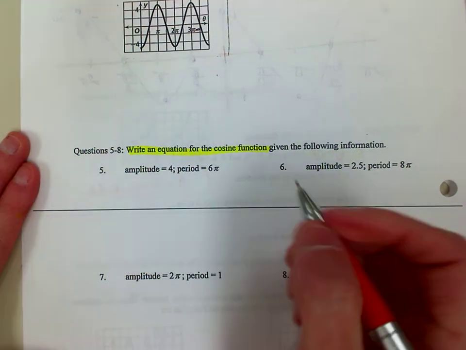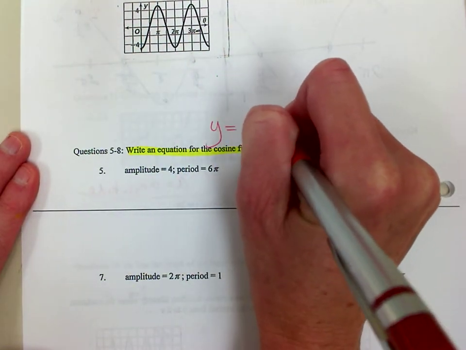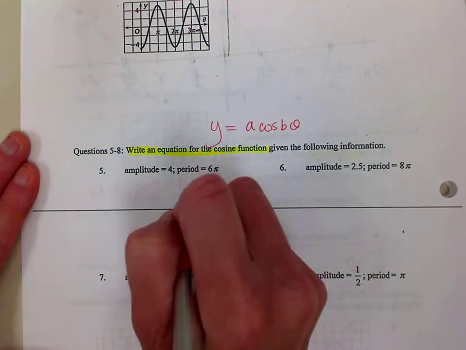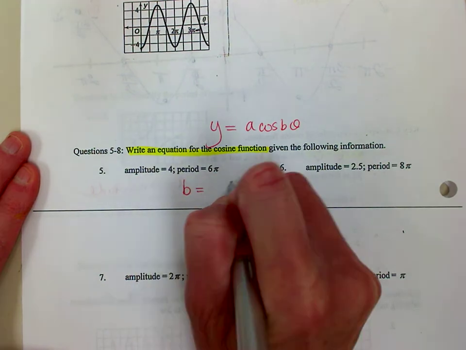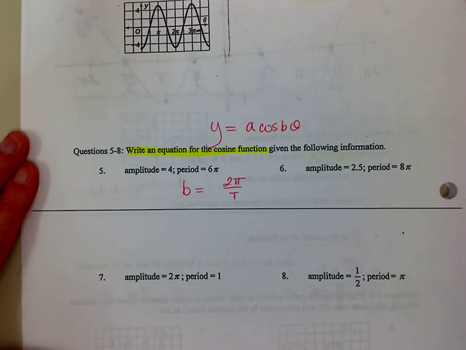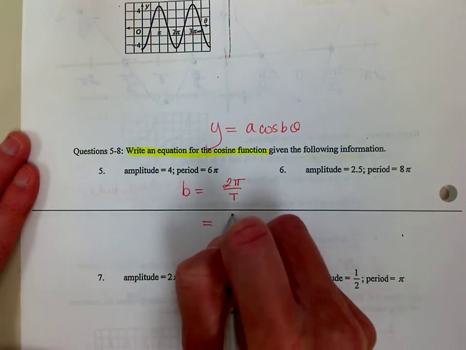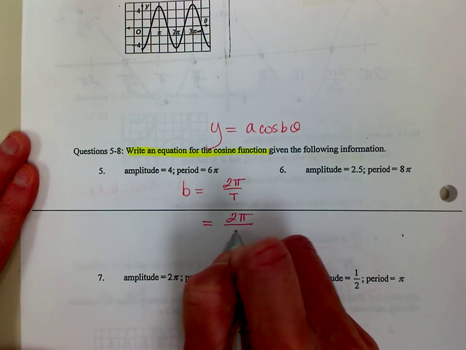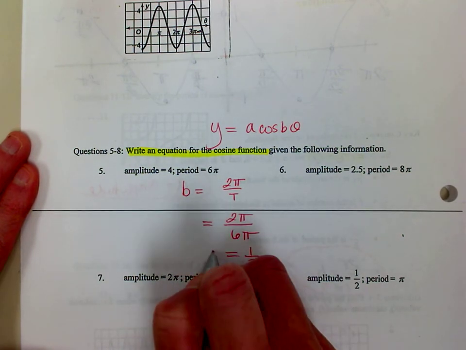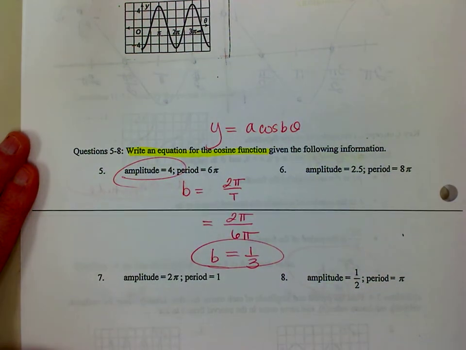Again, to do that, I need all of my equations to look like this. And remember, to find B, it's 2 pi divided by the period, just like it was for sine. So I'm going to take 2 pi divided by 6 pi, which turns out to be 1/3. So B is 1/3. There's the amplitude.